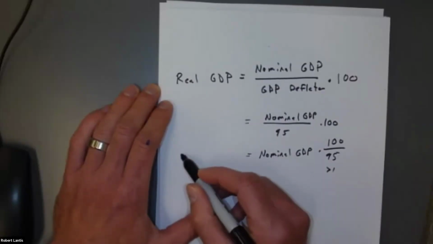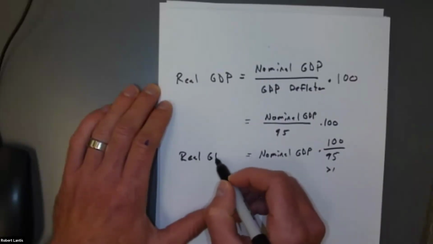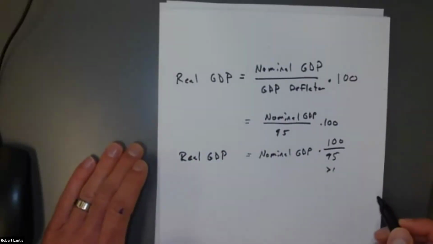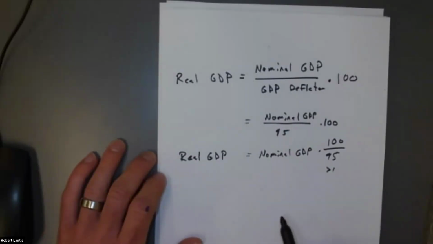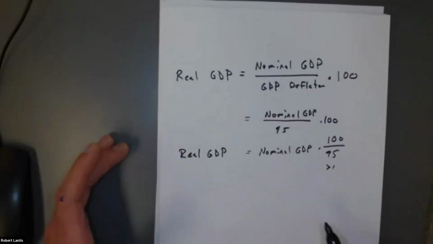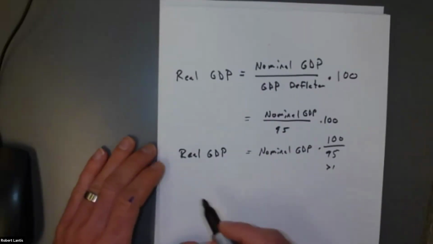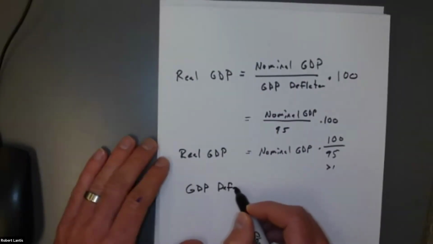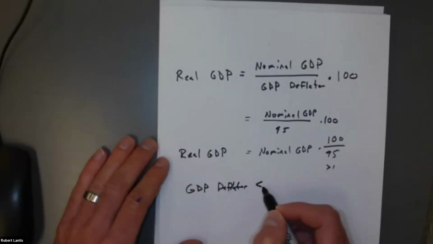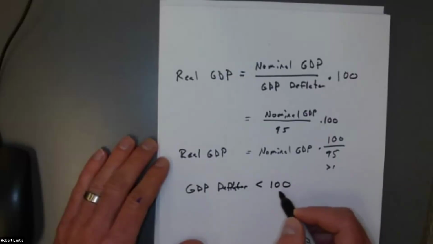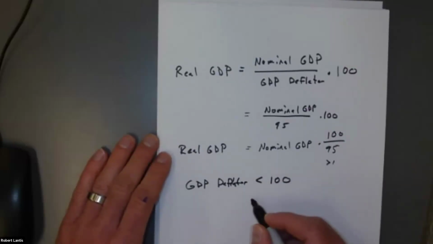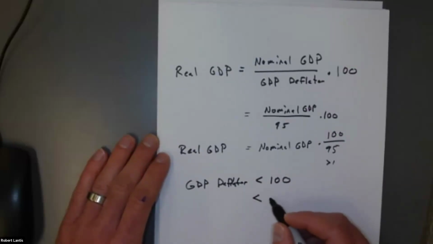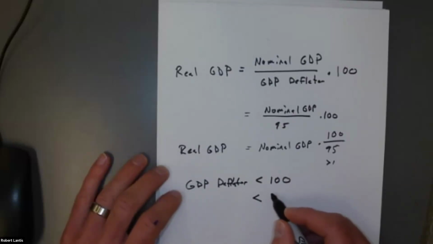This fraction is greater than 1, which means my real GDP is actually greater than my nominal GDP. Okay. When will that be the case? Well, we can think about why that GDP deflator was less than 100.